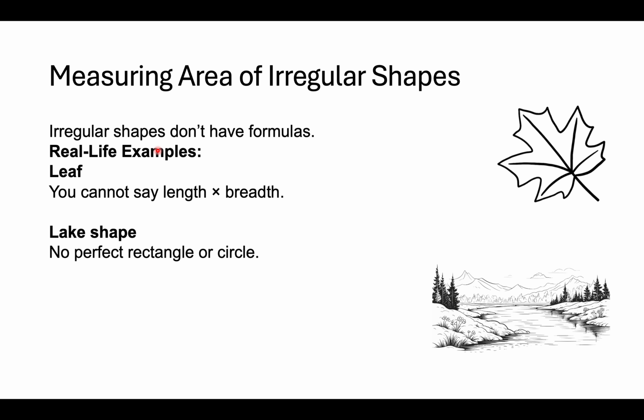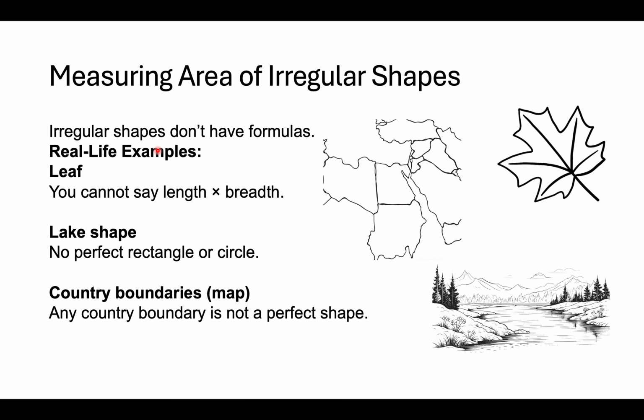Or a lake, you cannot just say it's a rectangle, triangle, square, correct? Or the country maps, any maps of the country or your state or your locality where you stay, right? They don't have a perfect shape. So what do we use in these cases?